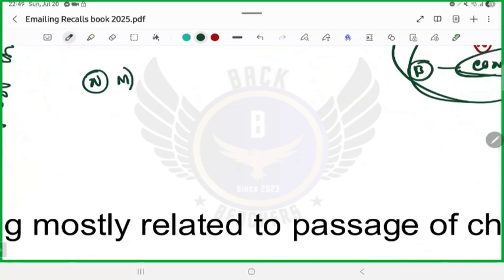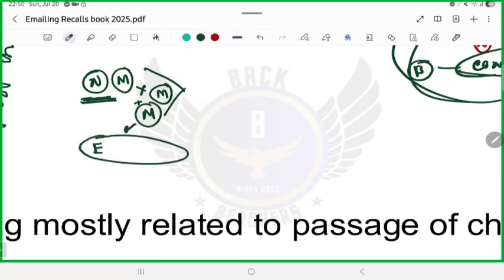Now when these things cannot finish the job, what's next? Neutrophils came, macrophages came, but they could not finish the job. So macrophages will call a meeting with other macrophages, and 2-3 macrophages will become a big cell called an epithelioid cell.